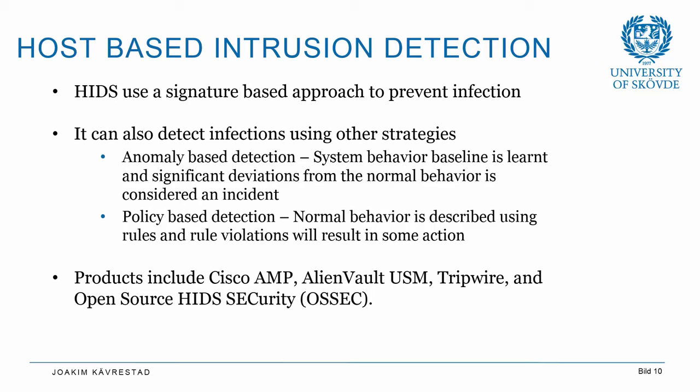We can also have policy-based detection, which is when you describe normal behavior using rules, and rule violations will result in some action. Some products include Cisco AMP, AlienVault USM, Tripwire, and OSSEC, which is an open source host-based intrusion detection system.